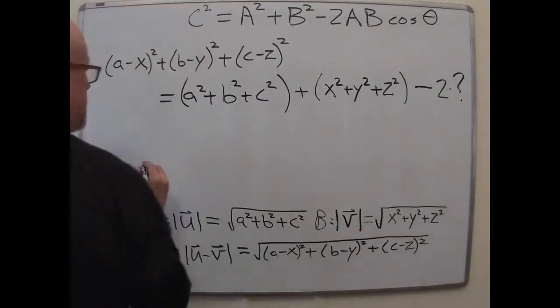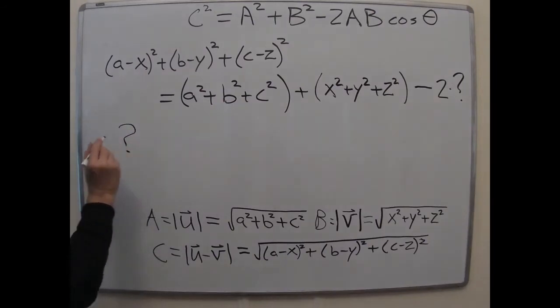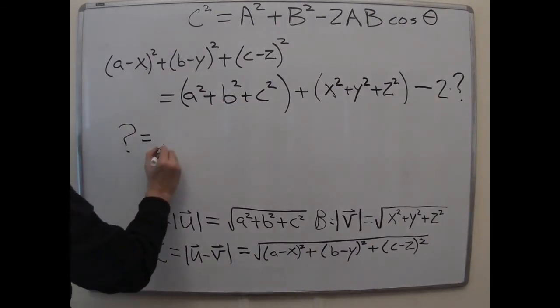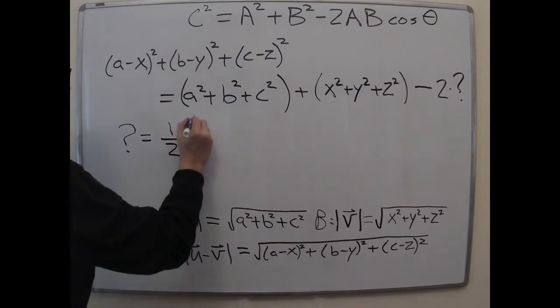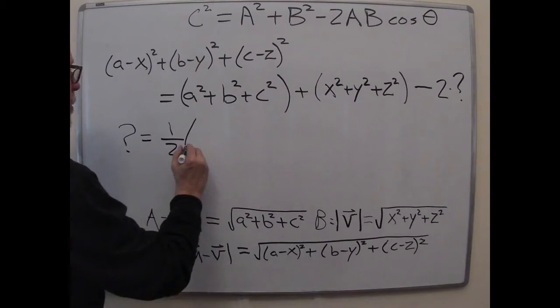So let's see if I can just do this algebra all at once. The unknown thing, the question mark, should be equal to 1/2 of these things that are staying on the side, so it's the negative of this guy that needs to be subtracted. All right, so let me write it.